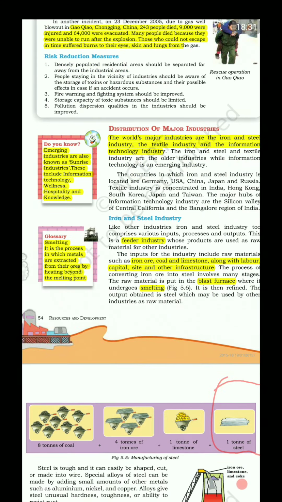We moved on to the distribution of the major industries of the world. The major industry we discussed was the iron and steel industry, and how it changed its location earlier from the forest area to near the coal mine, then near the iron mine, then near the hydroelectric stations with the change in technology, and today we see they are near the seaports, right?